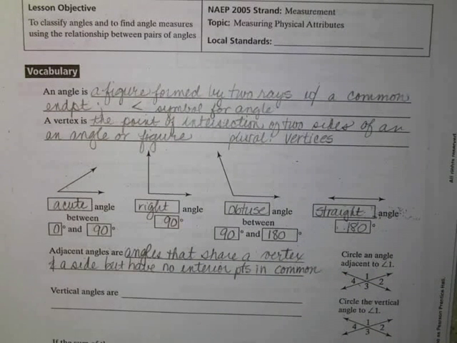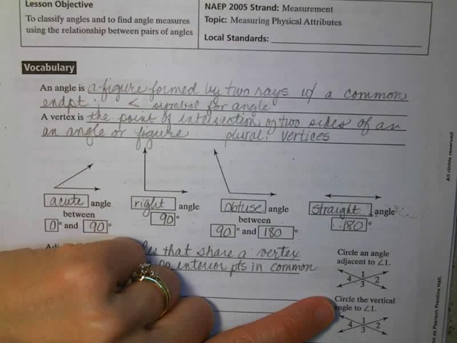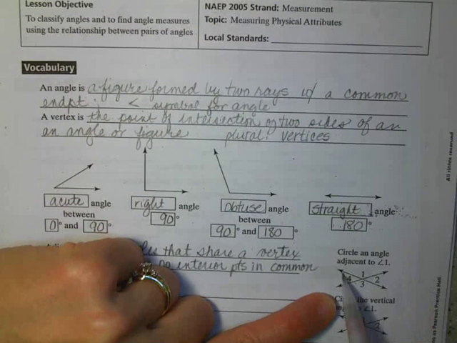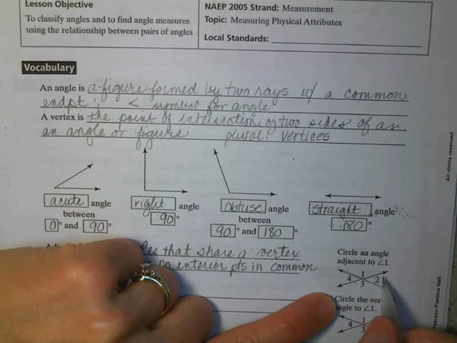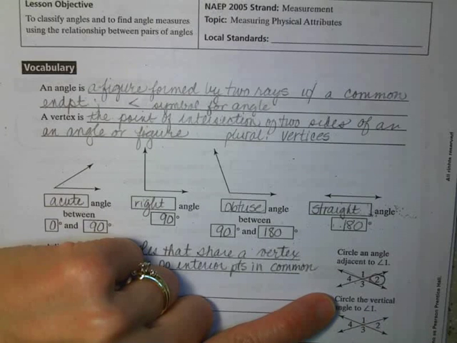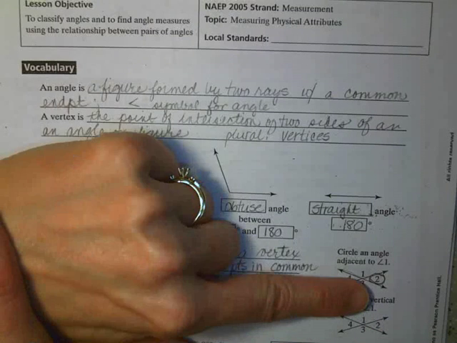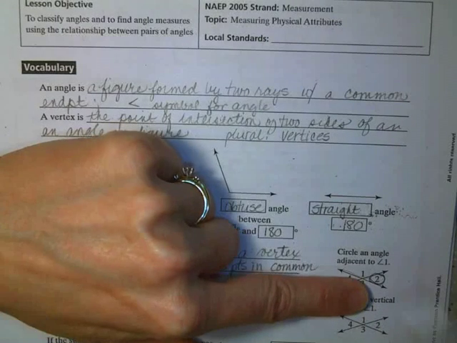So if I look at this little diagram, it says circle an angle adjacent to angle 1. So angle 1 is right here. I could circle angle 2 because it's adjacent to angle 1.